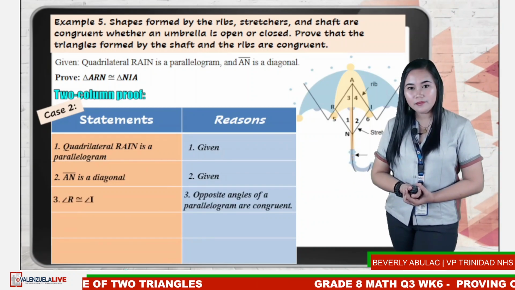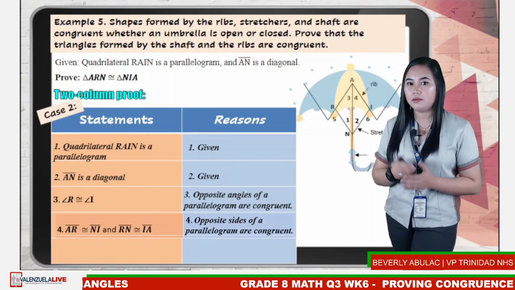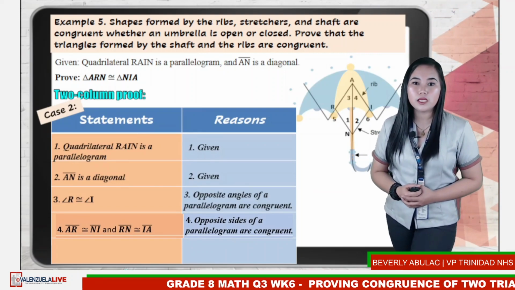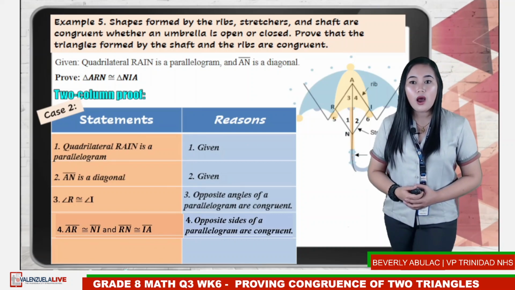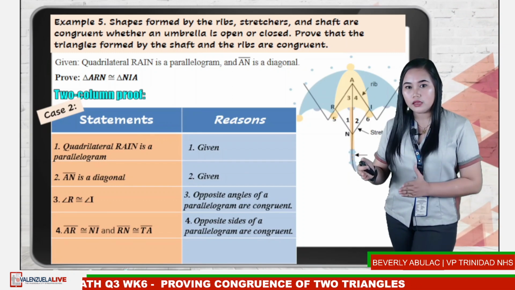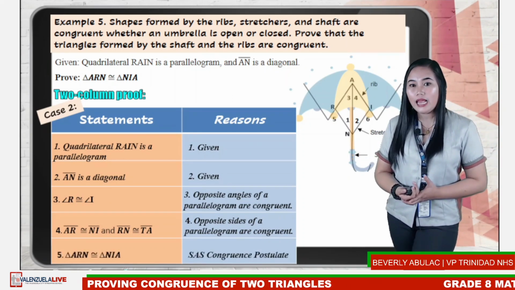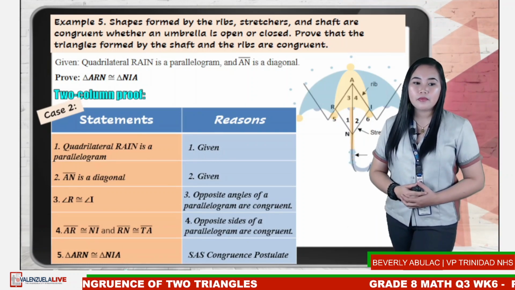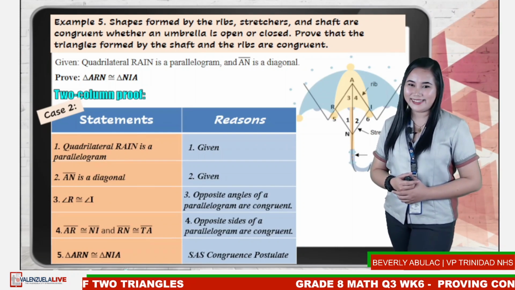The next one, from that, segment AR is congruent to segment NI, and segment RN is congruent to segment IA. What is the reason? By the opposite sides of a parallelogram are congruent. Hence, we can prove that triangle ARN is congruent to triangle NIA by the SAS congruence postulate.